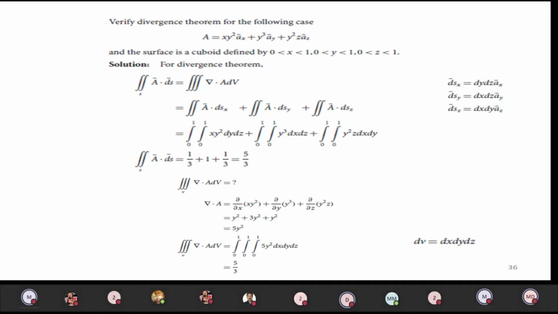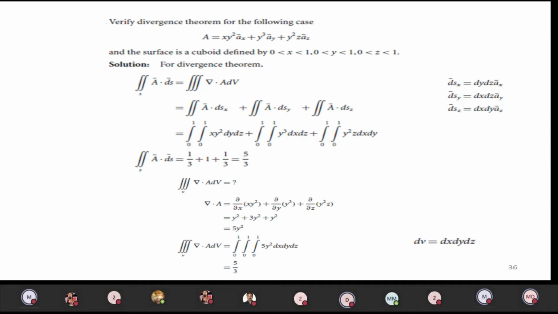So the volume integral of del dot A into dv equals question mark. Del dot A means the divergence of the vector. I am checking what type of vector it is. It is a Cartesian vector; you can see ax, ay, az.